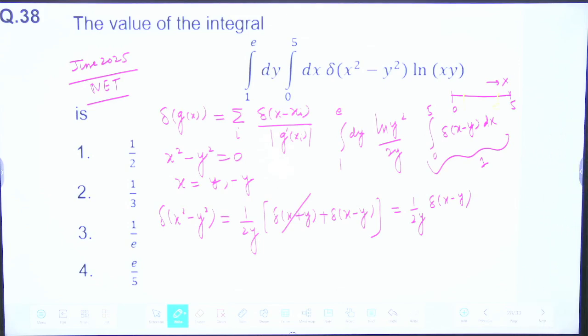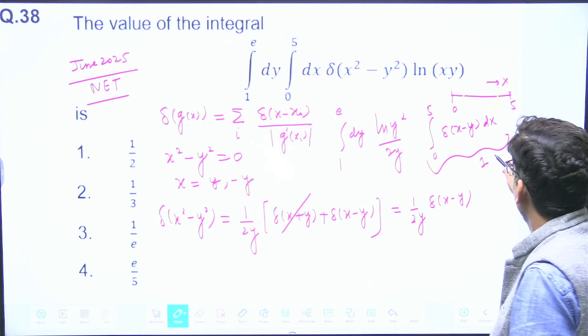Because if x is equal to y, then it lies well inside this delta function, so this answer will become 1.